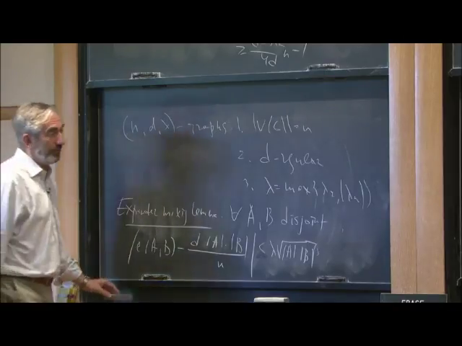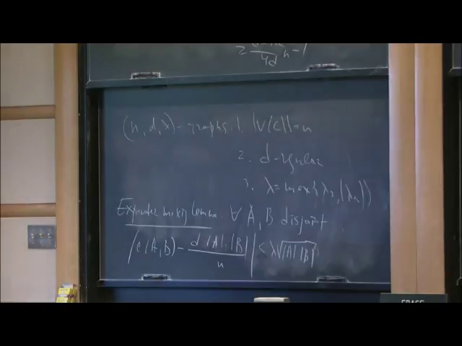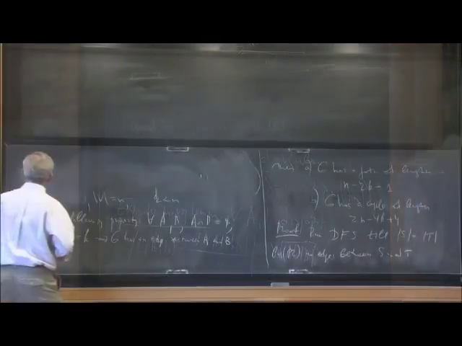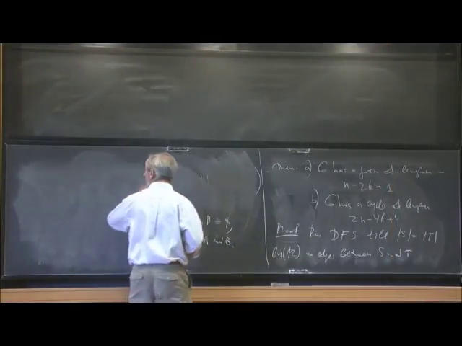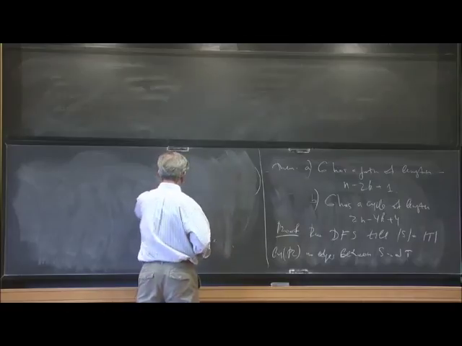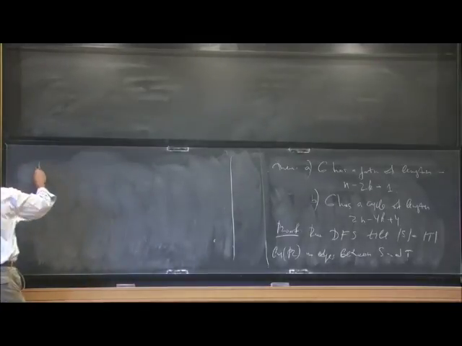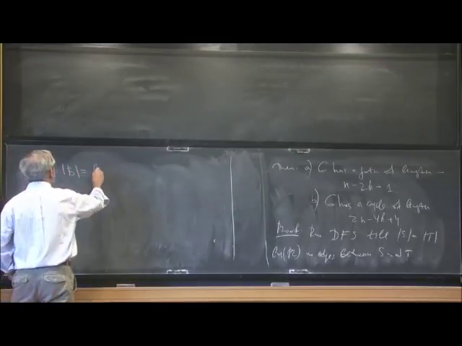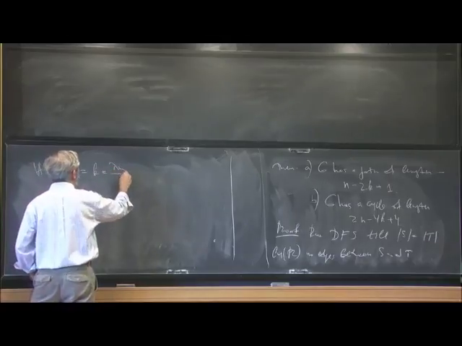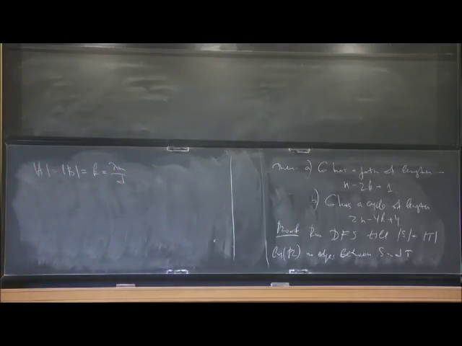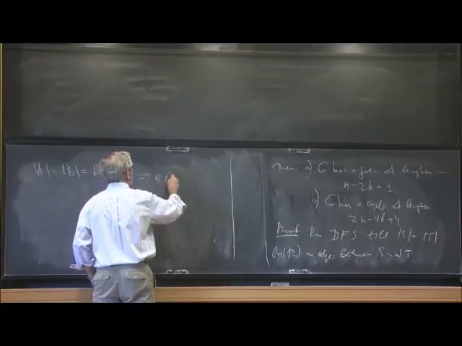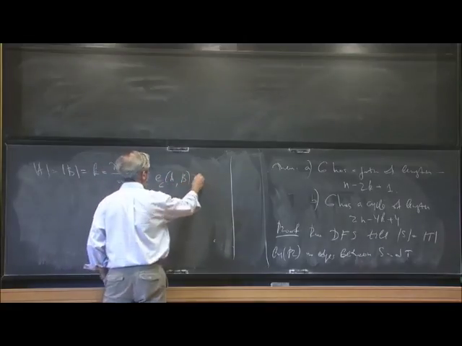Now let's apply it to our setting to derive the existence of a long path. In particular, if we take the sets A and B to be of equal size k, and I choose k to be lambda n over d, then by simple math, for any two disjoint sets of such size, there is an edge between A and B. So the number of edges between A and B in G is positive.